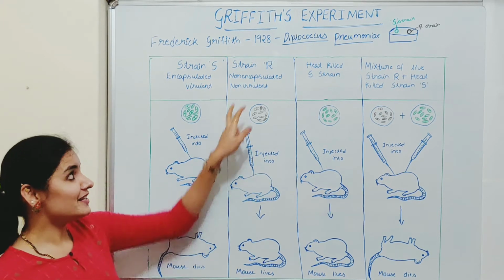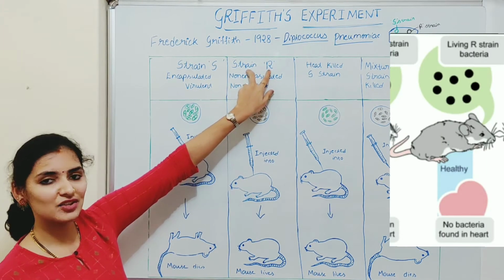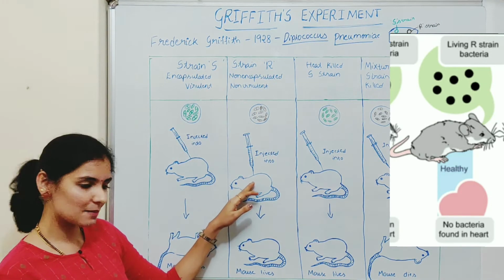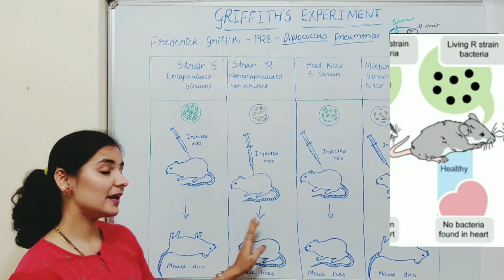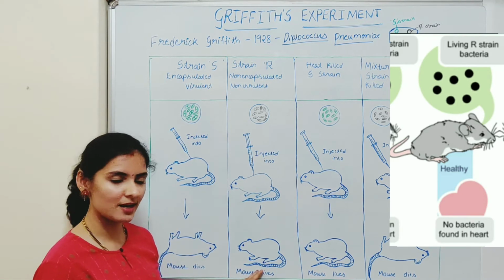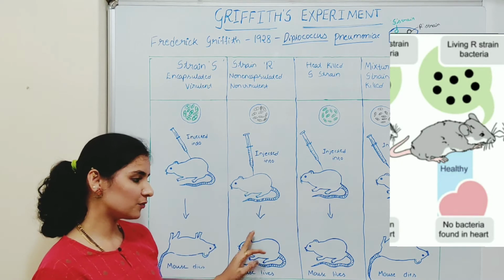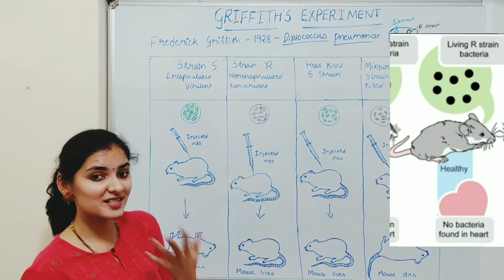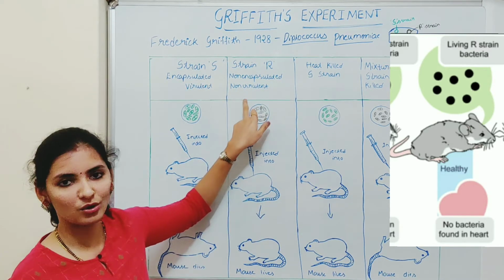In the second experiment, Griffith injected the R strain of Diplococcus pneumoniae into a mouse. In this case, the mouse did not develop any symptoms of pneumonia. As a result, it was alive. And the blood of this mouse did not show any living R cells, which suggests that the R strain is non-virulent.